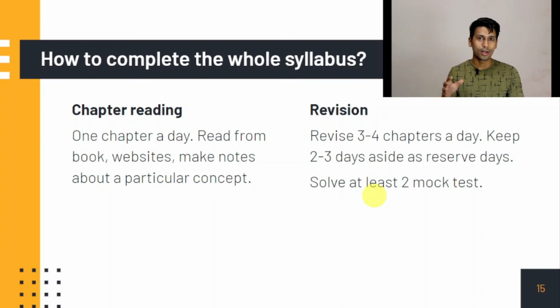Whatever I have followed, I will tell you only that, because it is practical and it is possible to read and complete one chapter a day. So I would recommend you to do that. Now I would say that you read first from the book, then you watch my video, then you go through all the notes which I am going to give you in the description box below my video.